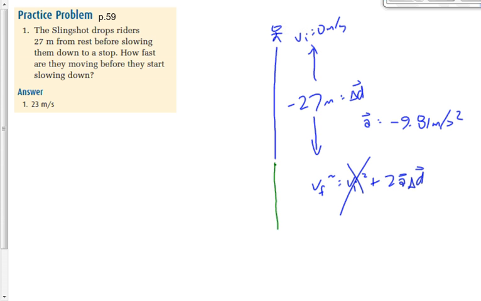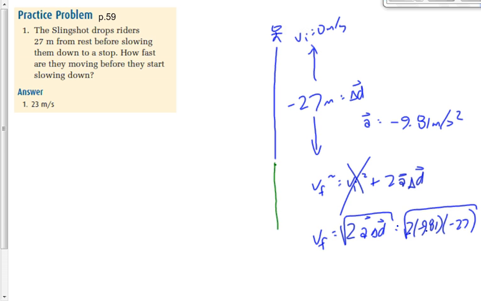We can cross it off if we want. So VF becomes the square root of 2 times A times D. The square root of 2 times negative 9.81 times the displacement of negative 27. Do the math there. VF works out to be 23 meters per second.